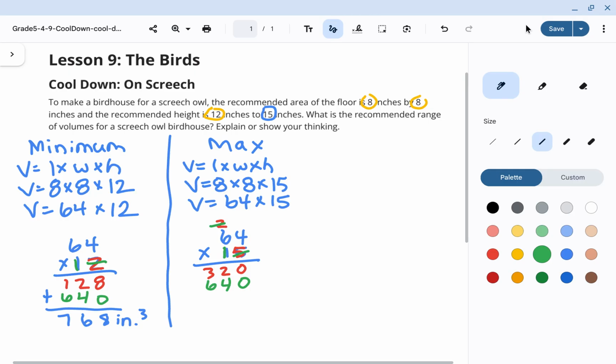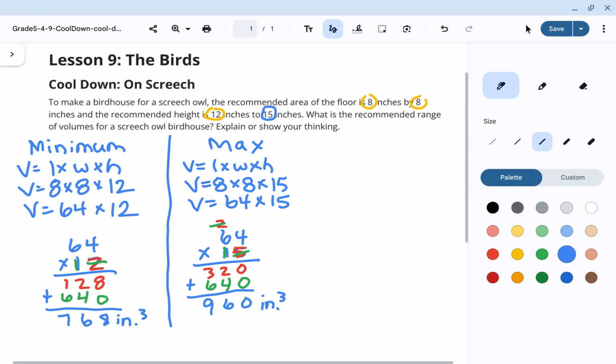Now, when I take a look at that and add that together, I'm going to get an answer that's just a little bit bigger. 0 plus 0 is 0. 2 plus 4 is 6. 3 plus 6 is 9. So at maximum, the volume is going to be 960, and again, that's inches cubed.